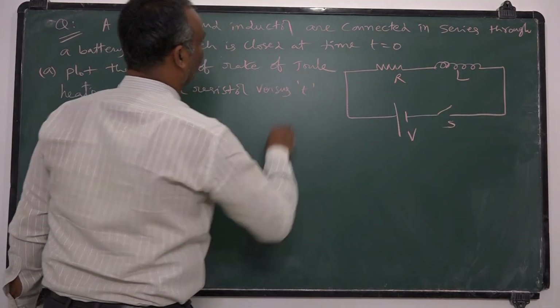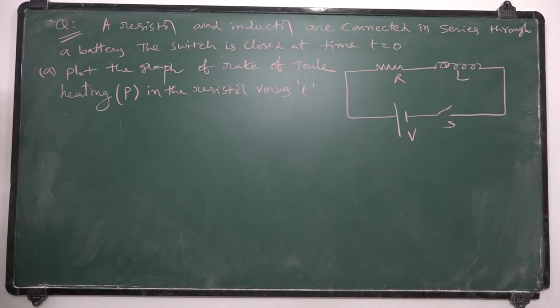This is the first question they are asking. We need to draw a graph between rate of Joule heating, nothing but power, rate of energy transfer, in the resistor versus time.